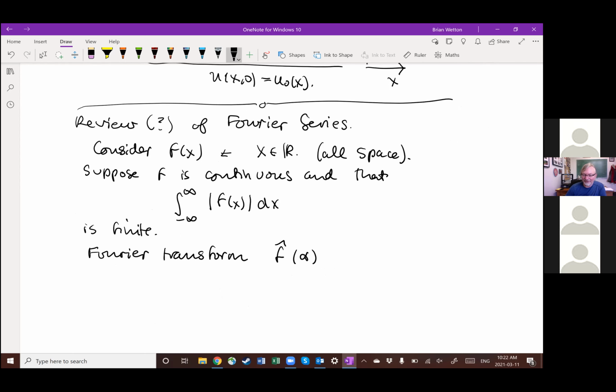I like using alpha for a wave number, but you could use omega if you really want to think of x as time and you want to think of its transform as a frequency, angular frequency. So this is the Fourier transform. It's also defined for every alpha, right? And it's defined as follows.